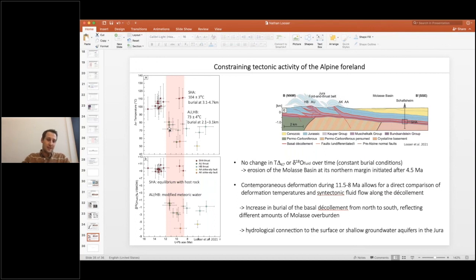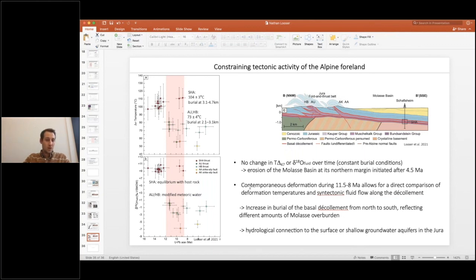Okay, so what we see here, this 104 degrees, they indicate burial at 3 to 4.7 kilometers, and in the Jura Mountains during the same time only 2 kilometers of burial, which you would expect with the molasse spacing.